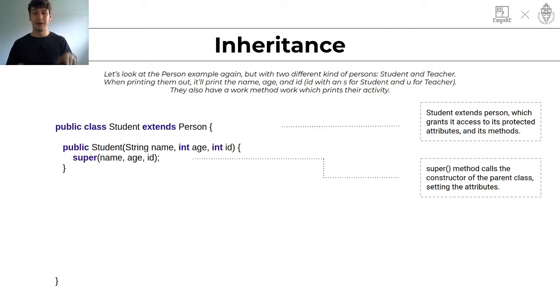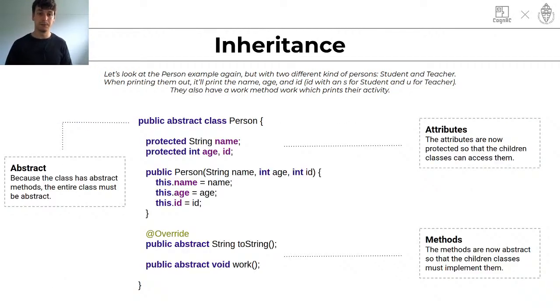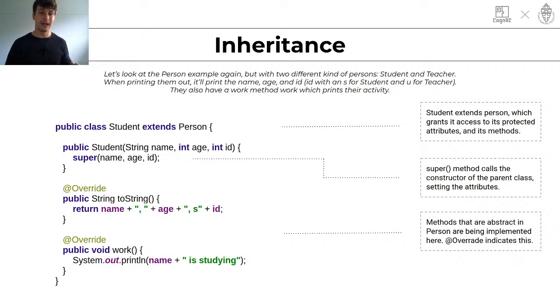But now we want to pass these parameters on to the superclass, so to the Person class. By calling super, we push them towards the constructor of Person, and that's where you have the attributes, which, by the way, are now protected, because that means that the children classes can access them as well. And that's how it sets the attributes.